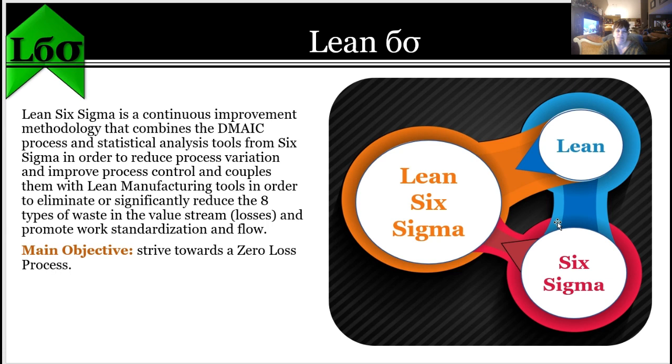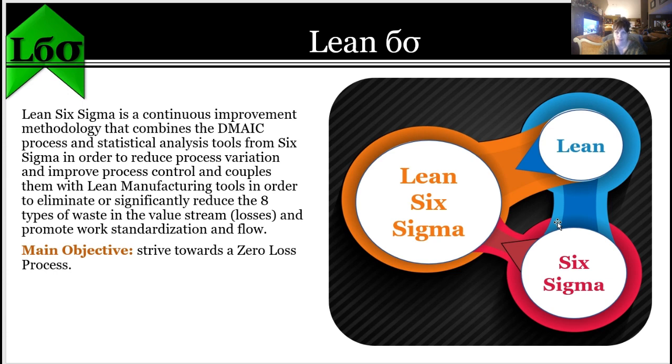So Lean Six Sigma is a continuous improvement methodology that combines the DMAIC process and statistical analysis tools from Six Sigma in order to reduce process variation and improve process control, and couples them with lean manufacturing tools in order to eliminate or significantly reduce the 8 types of waste in the lean value stream.